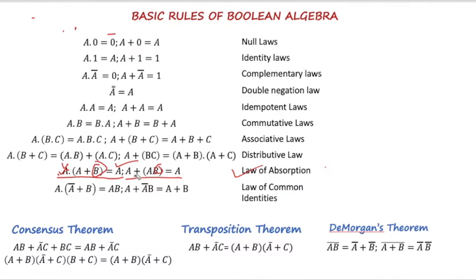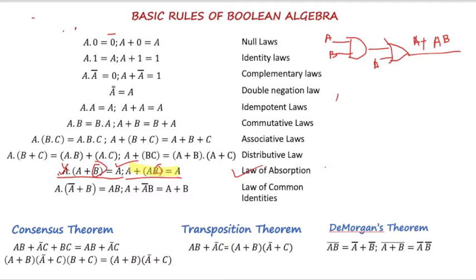Now I am explaining the second relation. In this relation, A and B ORed with A gives A, where B is absorbed. Now A and B ORed with A, that is A plus AB.